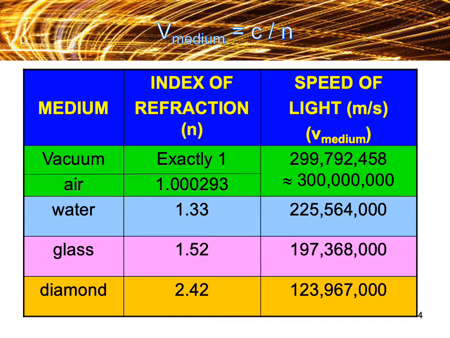And you see that the diamond has as much as 2.42, the index of refraction 2.4. So it means that light travels at less than half the speed of light in the vacuum. So the light travels very slowly, less than 50%, inside the diamond.